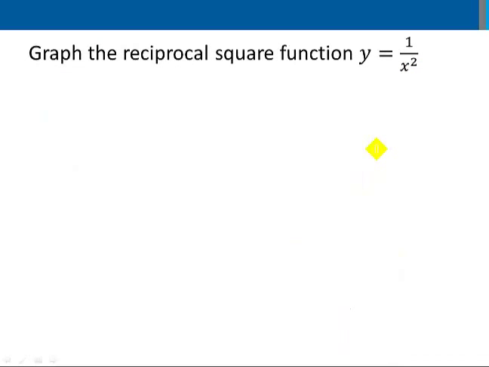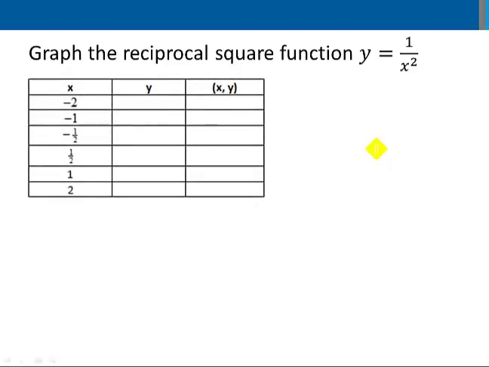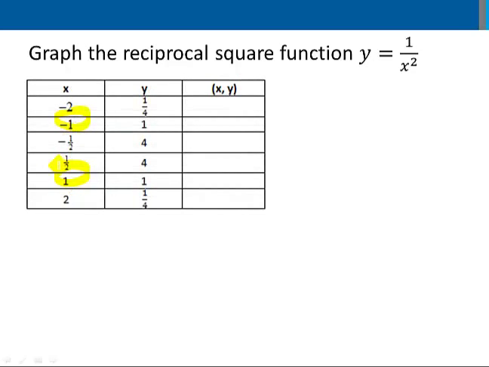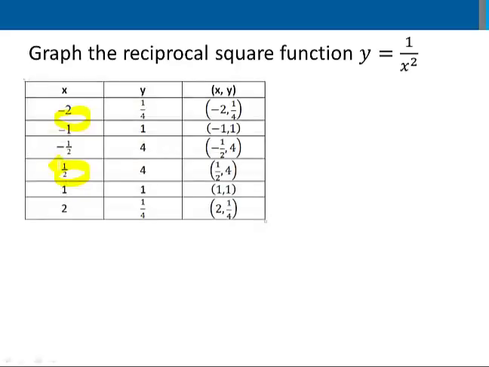Next, we'll graph the reciprocal square function y equals 1 over x squared using these same 6 x values, with negative 1 and 1 being the x values included in our key points. We'll have the ordered pairs of (-2, 1/4), (-1, 1), (-1/2, 4), (1/2, 4), (1, 1), (2, 1/4).